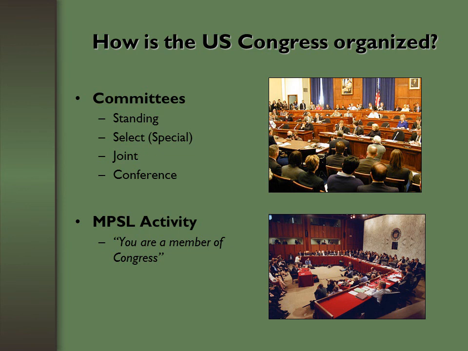There's a House version that has been debated. There may be items there that are not the same as in the Senate version of the bill. If there are these discrepancies, what Congress does is convene, hint, hint, what's called a conference committee. And a conference committee, folks, is both a joint and a select committee.